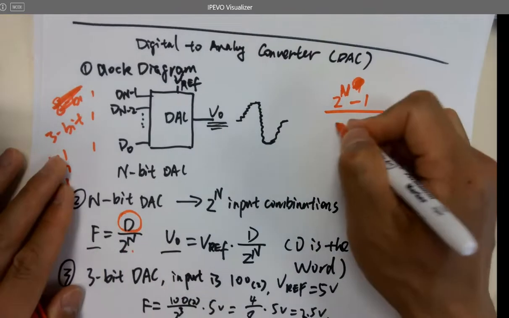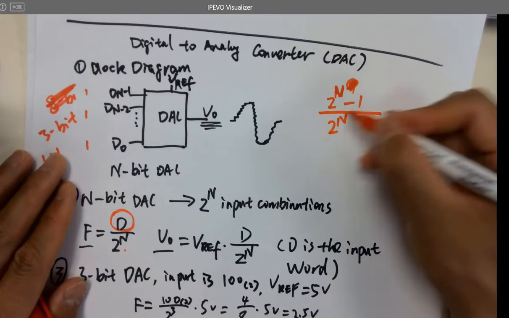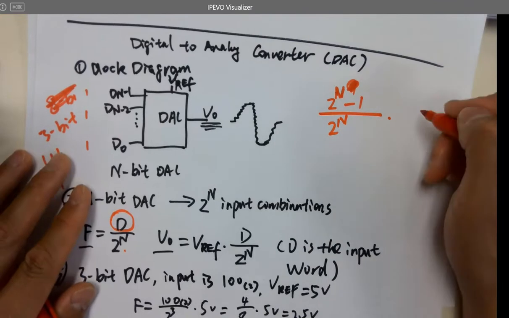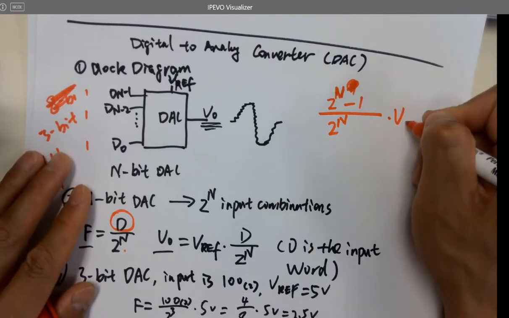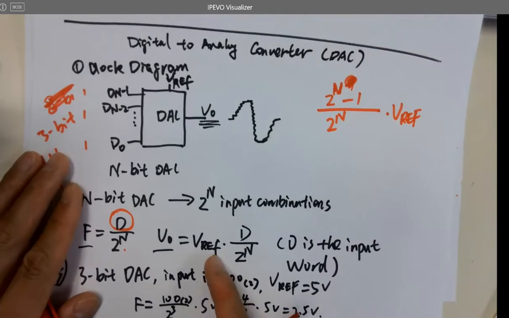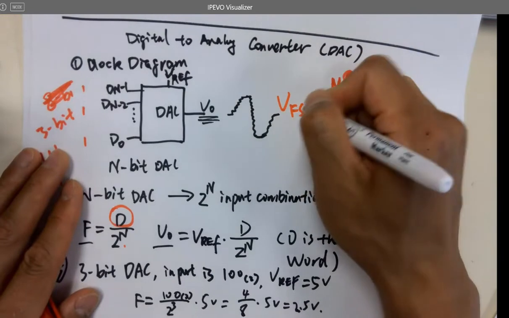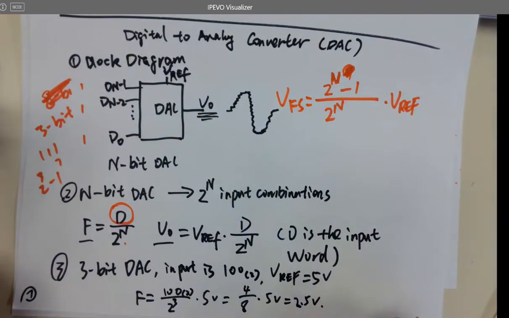That's the portion, times what? Times Vref. And this is called the full scale voltage output.